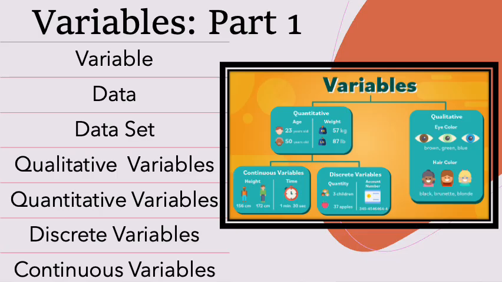We are now going to move on to talking about variables. A variable is a trait or characteristic that changes or varies. And data are the values of variables when they vary. A collection of data values is known as a data set.